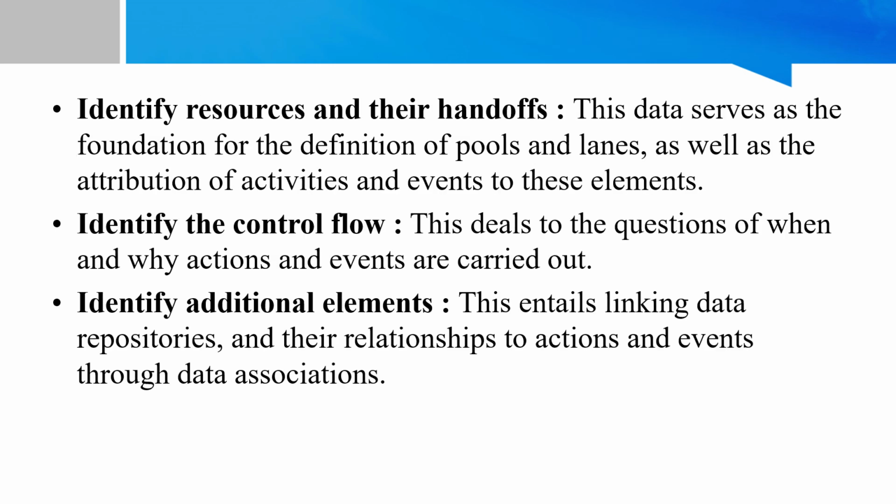Third, identify the resources: after determining the primary activities, we categorize these activities on the basis of the data provided. Fourth, identify the control flow, which is concerned with the timing and the order in which these events are executed. The fifth is to identify additional elements, such as databases and data stores which are required to store the data in the process.